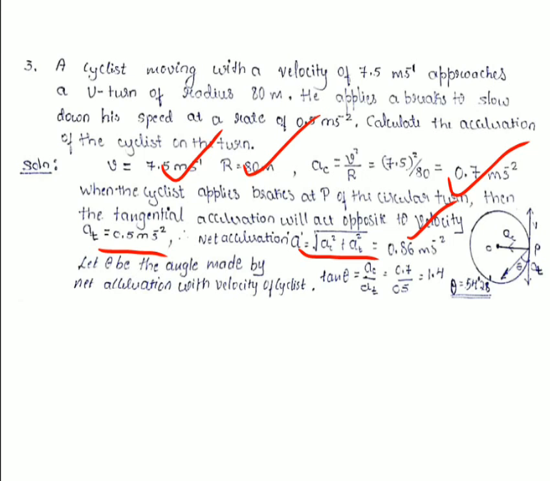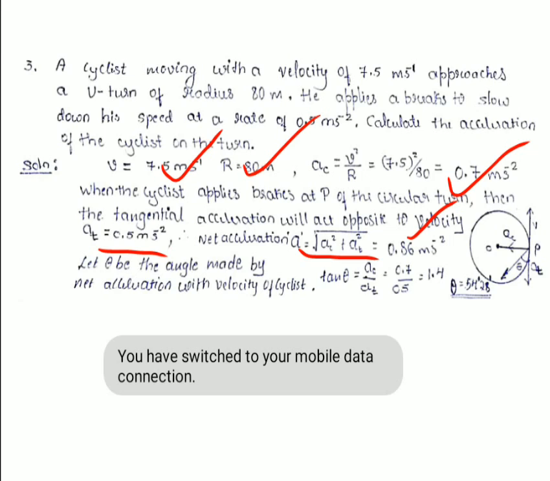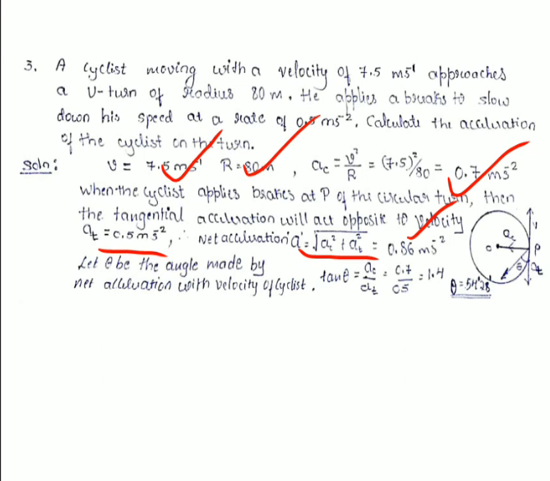Here theta is the angle made by the net acceleration with the velocity of the cyclist. Tan theta is nothing but a_c upon a_t. The a_c value calculated is 0.7, the a_t value given is 0.5. So the value of tan theta is 1.4.